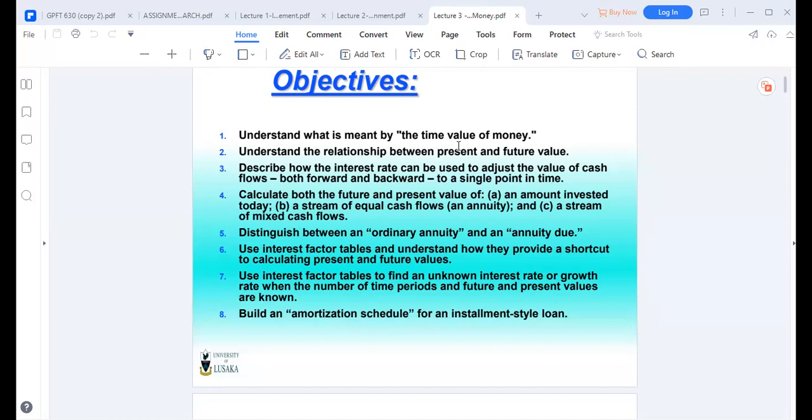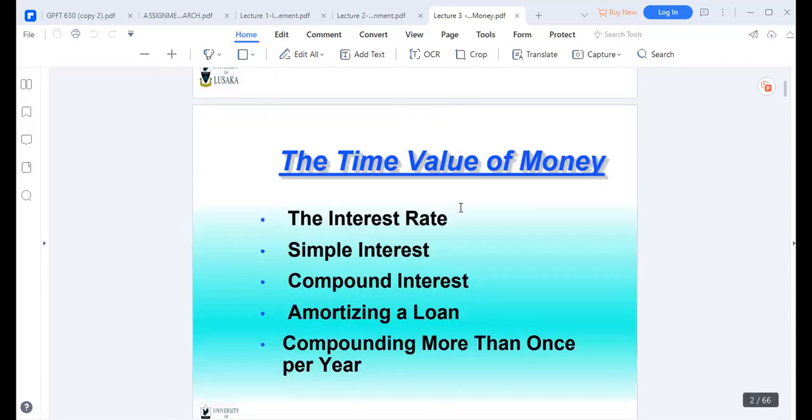So we're going to look at time value of money and understand the relationships that exist between the present and the future value, and also describe the computations in terms of the discount, present value interest factors, the future value interest factors. We're also going to discuss the annuity factors and how to calculate these, and also tailor it to the test that some of you wrote. We're also going to look at loan amortization and what it's all about.